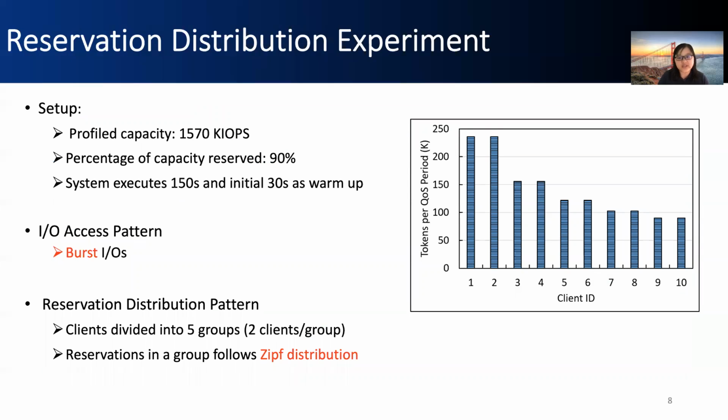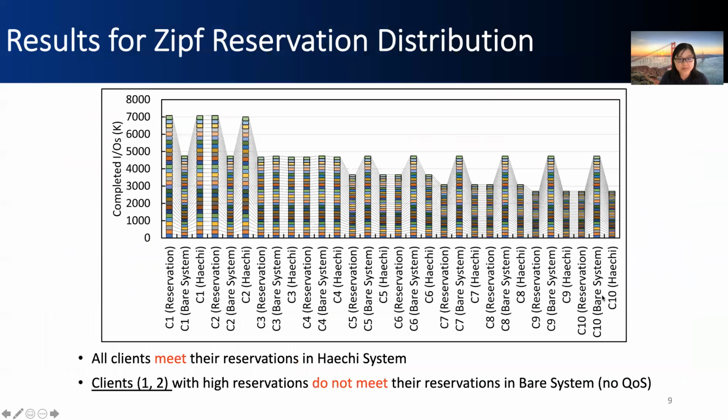The figure shows the Zipf reservation pattern across 10 clients. The results figure in the next slide will show a 30-second result. The completed IO distribution for the Zipf reservation distribution is shown in the figure. This is a result when all the clients have enough backlog.